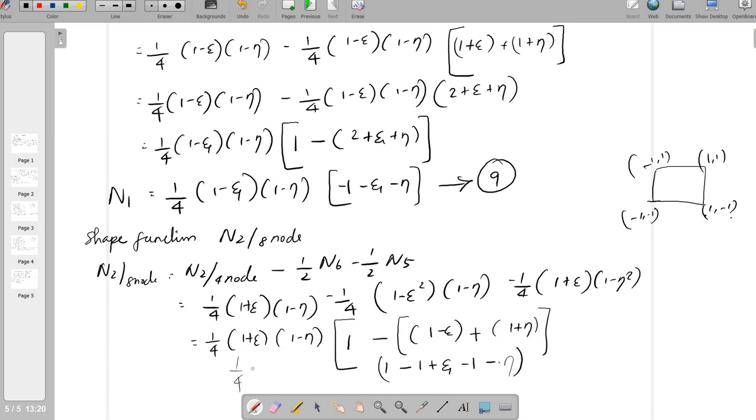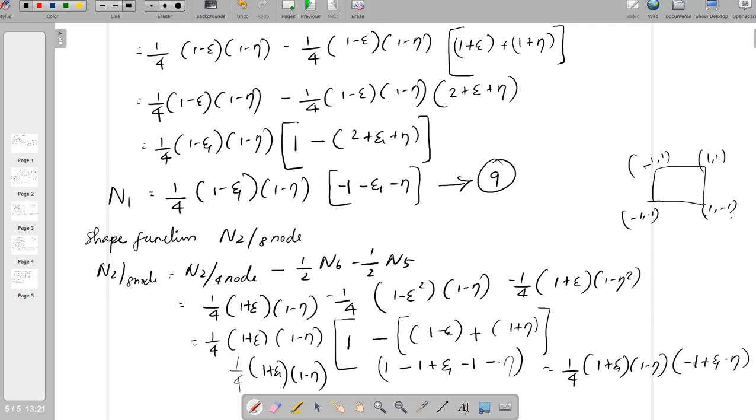Here all common things: 1 by 4, 1 plus epsilon, 1 minus eta is common. So if you deduct, it is 1 by 4, 1 plus epsilon, 1 minus eta, minus 1 plus epsilon minus eta.